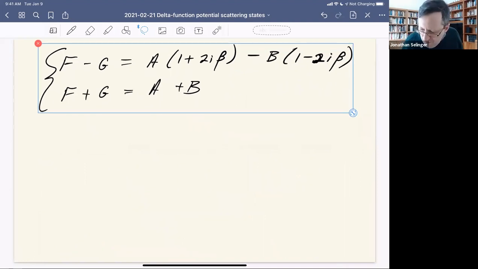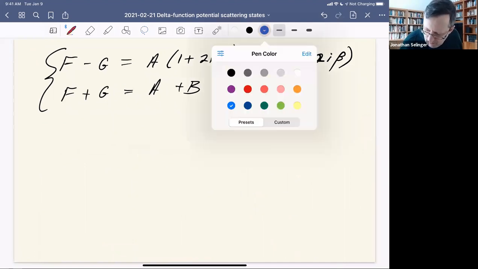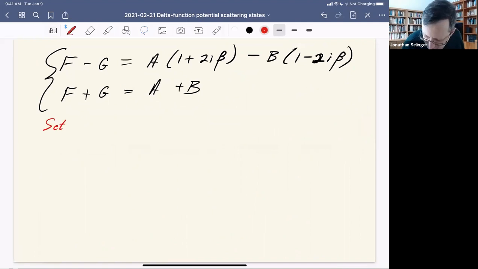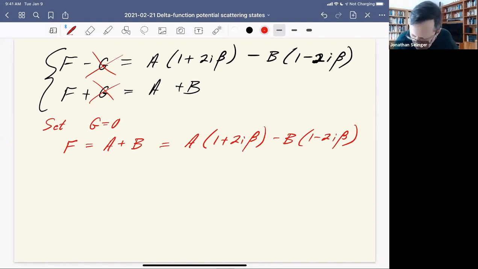If we have those two equations and we set G equals 0, now we have F equals A plus B, and it also equals A times (1 plus 2i beta) minus B times (1 minus 2i beta). Okay, so we can solve for B, I guess.